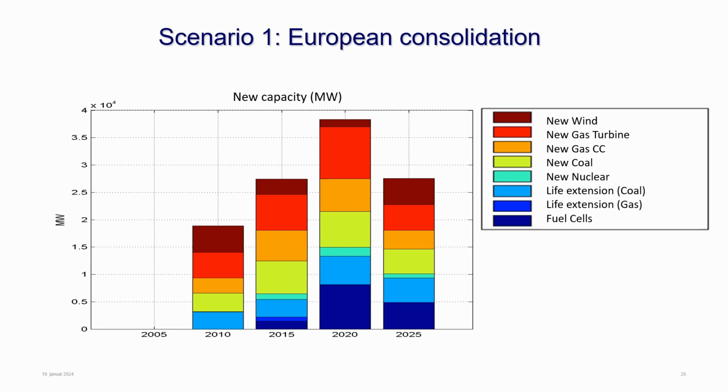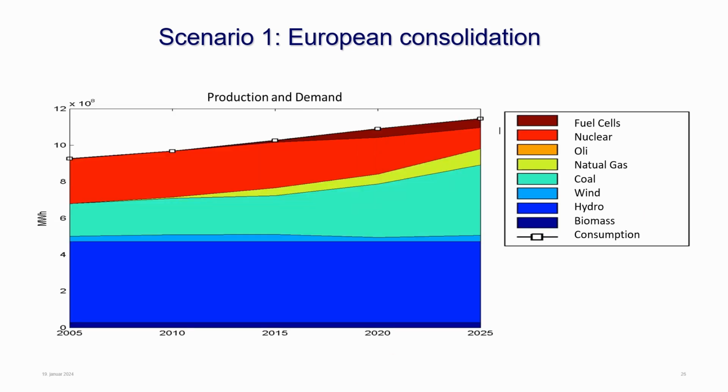The result is shown here in this figure where you can see how much capacity is built in the different time periods. And the capacities here are divided into new wind, new gas turbines, new coal, life extension of old coal-fired units and gas-fired units. And this figure here shows the production and demand in the Nordic countries in scenario one.